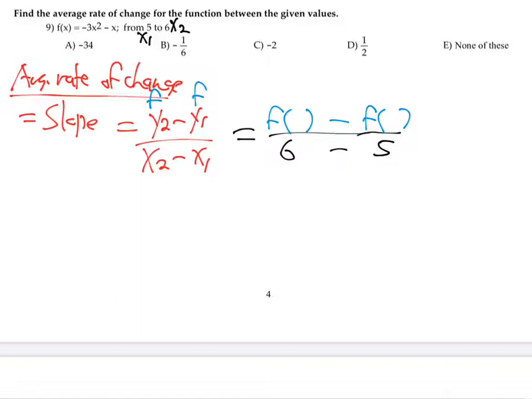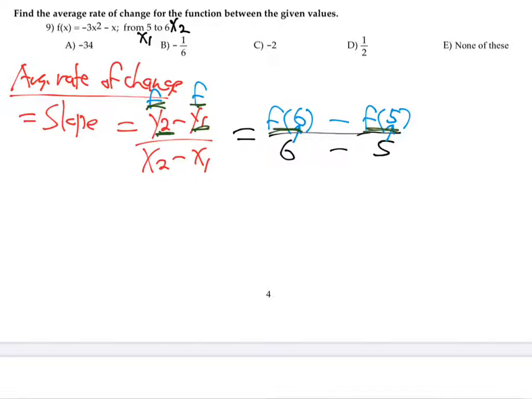So I'm going to go f, and then this goes straight up here, f of 6. And this goes right here, f of 5. f of 6 and f of 5. What is f of 6? Do you understand what I'm saying? So first off, y values are function values, right? Y's are f's. So f of 6, f of 5.